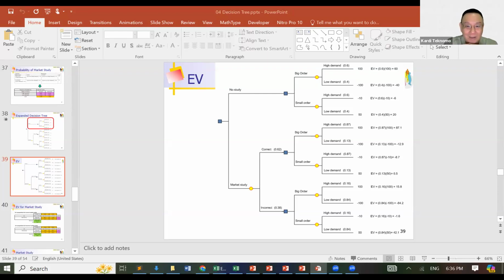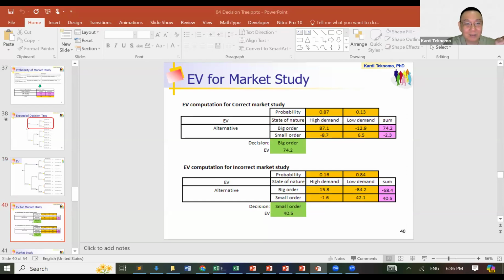For no study, we already computed the EV. Now for the market study, you have either correct or incorrect, so then you compute the probability here. And then what is the decision? The same, exactly like earlier. Just copy and paste, but change the value.